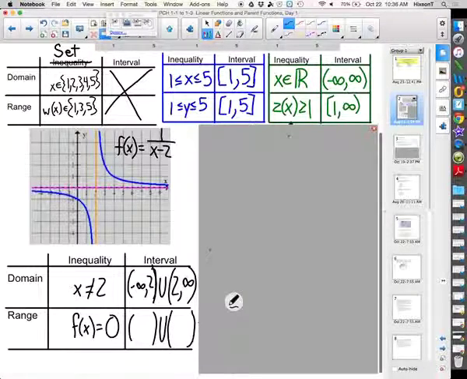What's the only difference here? Replace 2 with 0. Instead of it going up to 2, it's going up to 0. So we're going to have negative infinity to 0, and then from 0 to positive infinity. Okay? So that's all there is to it.